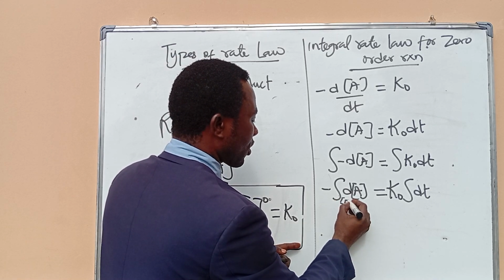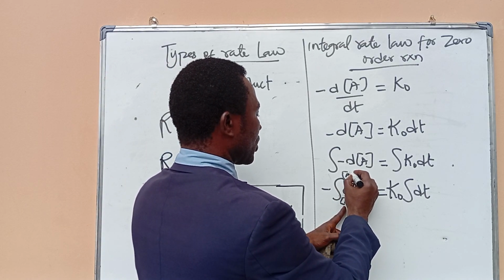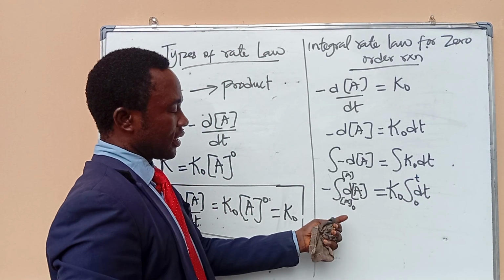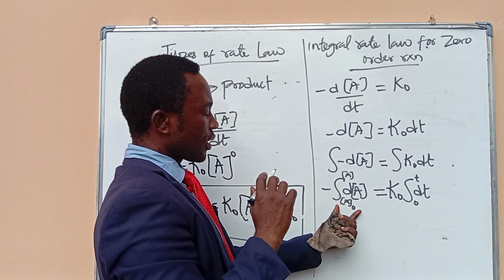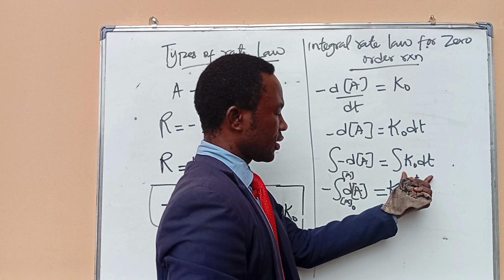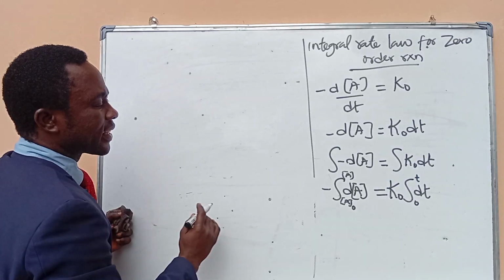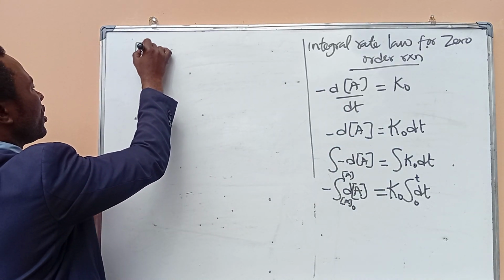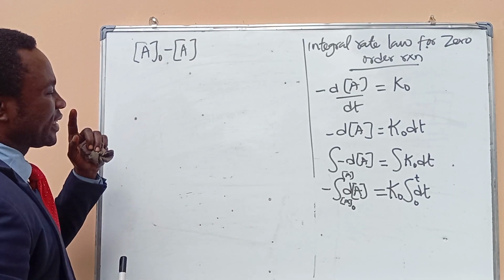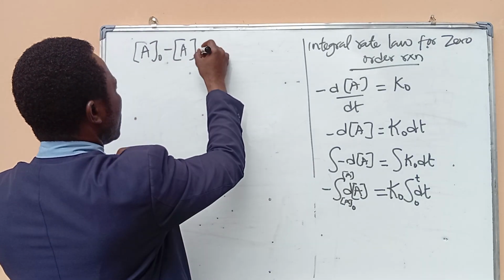What are we integrating? We are integrating from the initial concentration of A to the final concentration of A. We are integrating time from T0 to a particular time T. Now, if you look at this, when you integrate change in A, it will give you A initial minus A. If we integrate change in A, it becomes initial minus final, which is equal to K0.